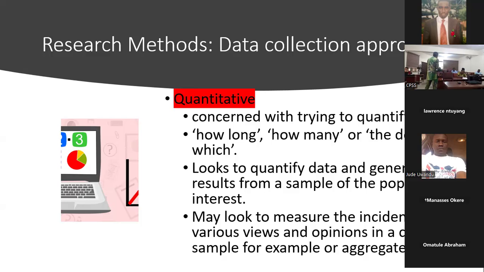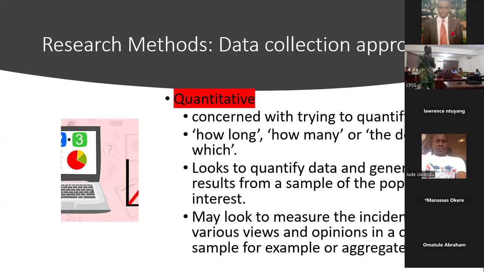Once I finish, I will be able to generalize that in Obiako local government, lower socioeconomic status is associated with higher participation in cybercrime among teenagers. That would be my conclusion, if I have the evidence to back it up.